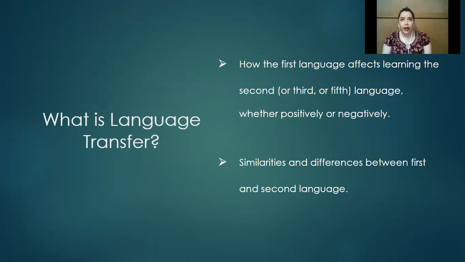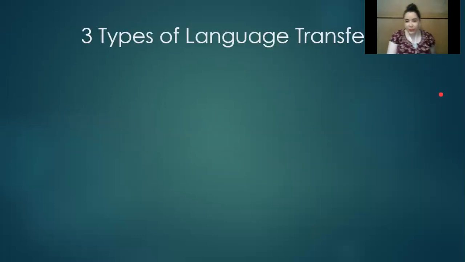Recent research has suggested that when someone is learning a language, their first language actually plays a much greater role than we previously thought, and it can be really beneficial to recognize and connect some of those similarities and differences to help them learn the target language. So that's why we're doing these language transfer presentations.